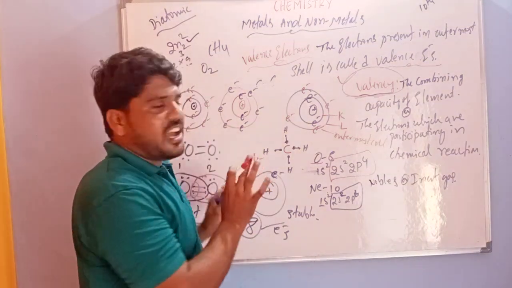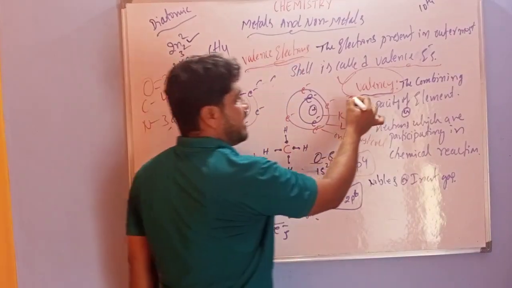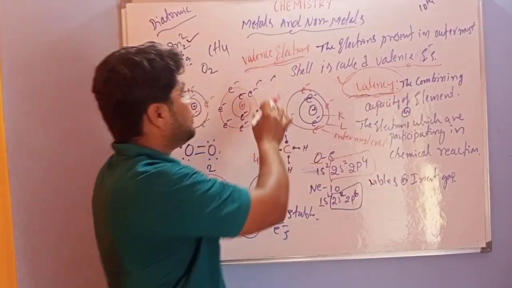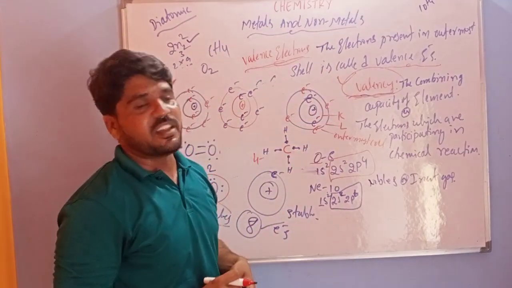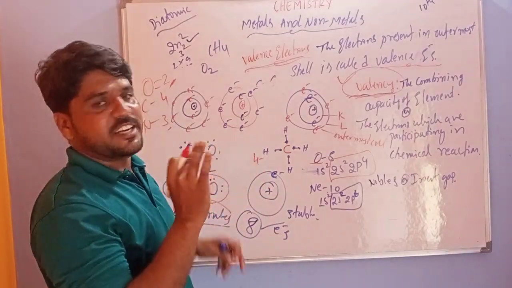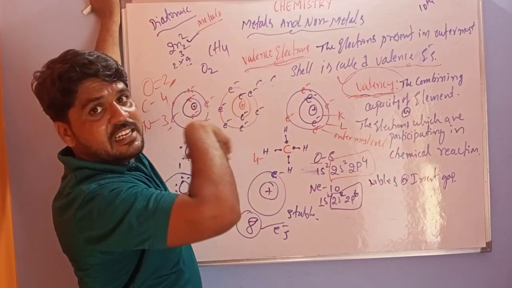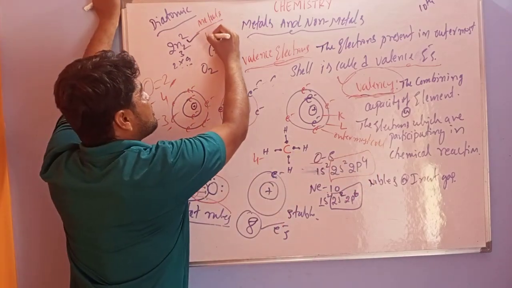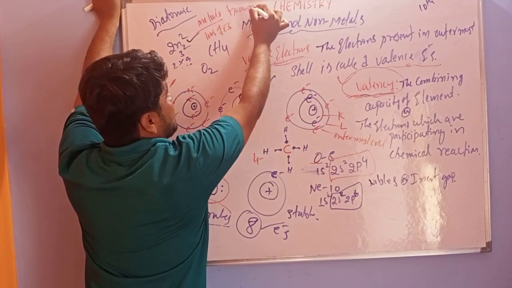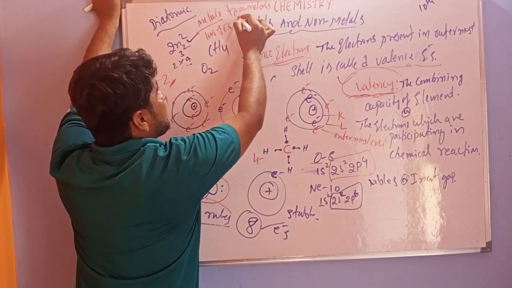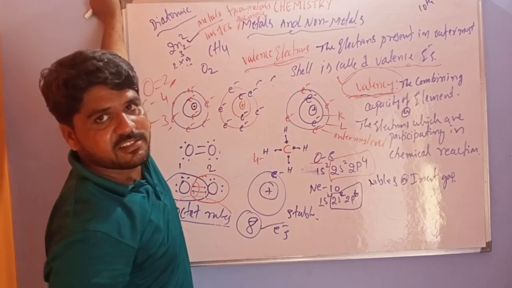So in this class you have to remember what valence electrons are and what valency is. If you have an idea of valence electrons and valency, then only you can understand how metals react with non-metals. I already told this in the last class. Metals always give electrons, loss of electrons, and non-metals always accept or gain electrons.